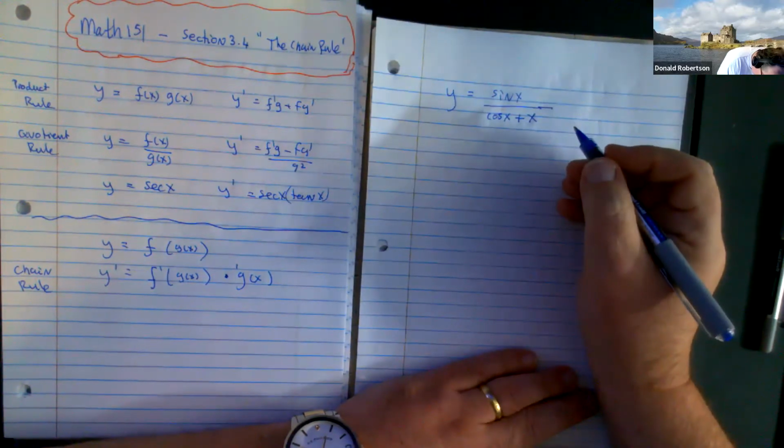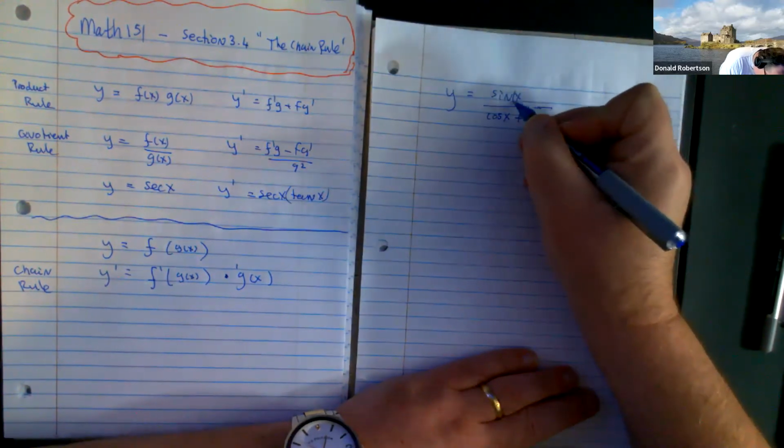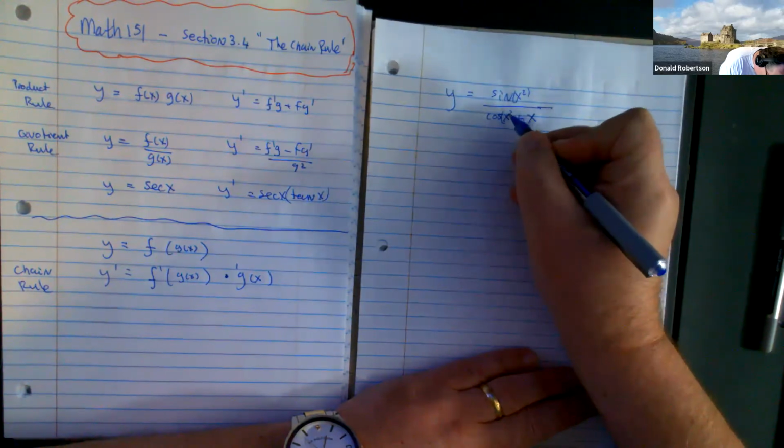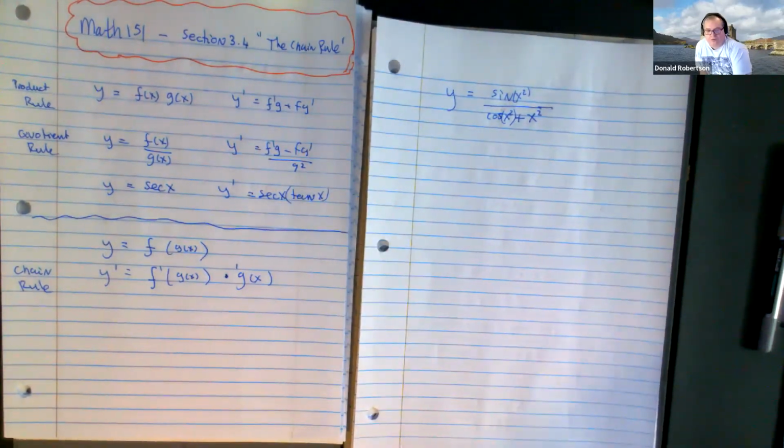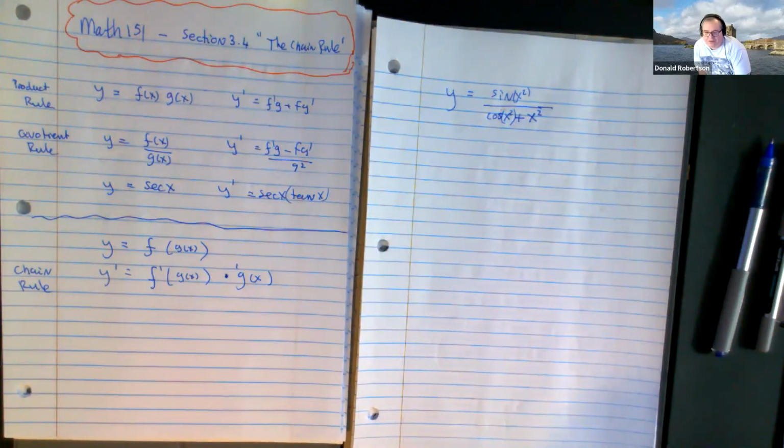Sine of x squared over the cosine of x squared plus x squared. You have got 3 minutes. Differentiate that using the chain rule and the quotient rule and make it look pretty.